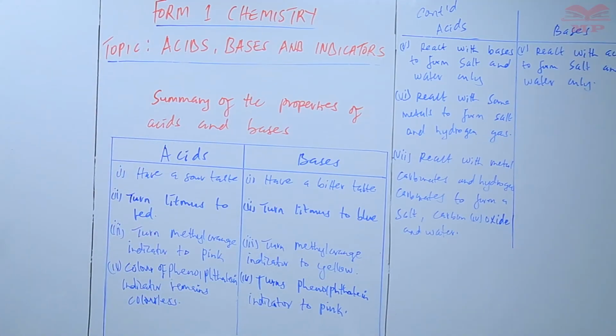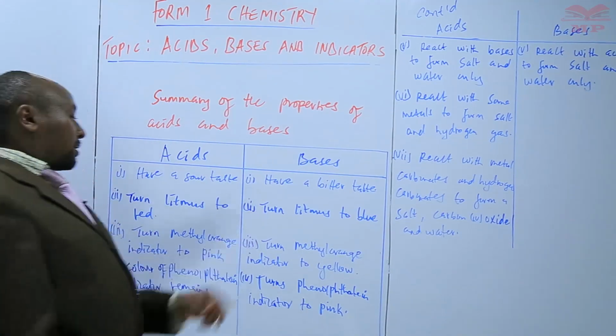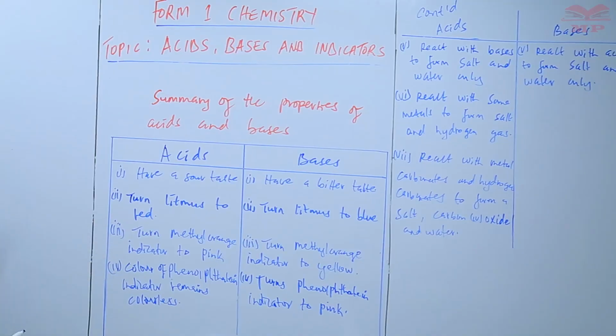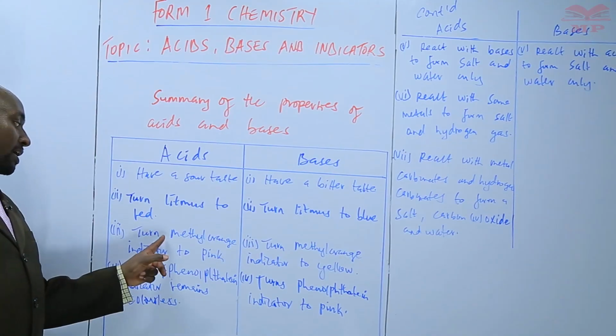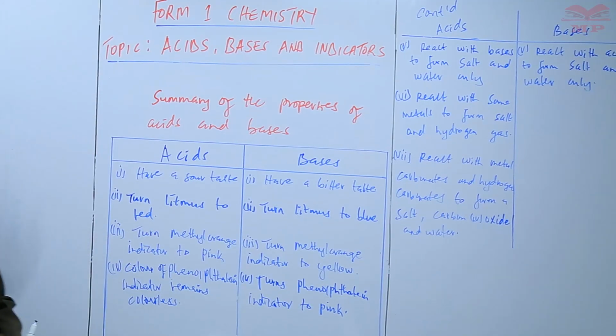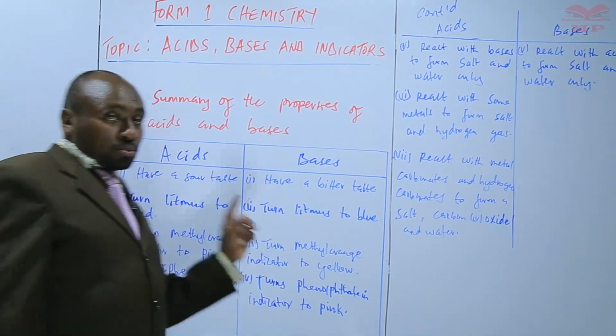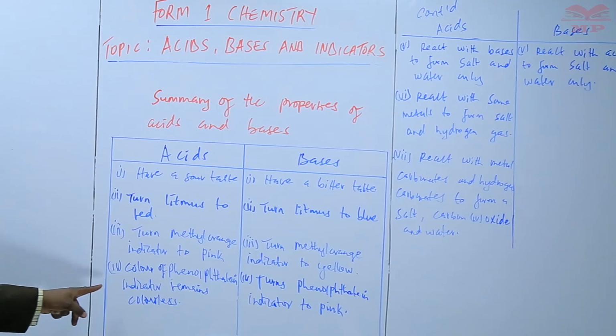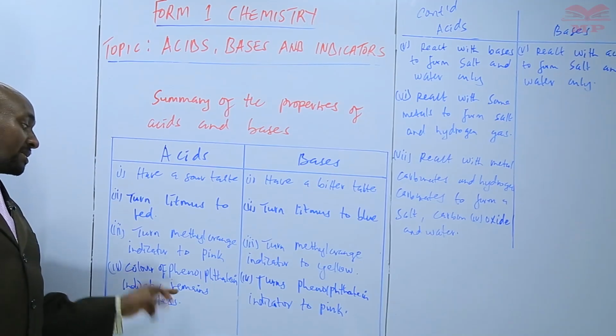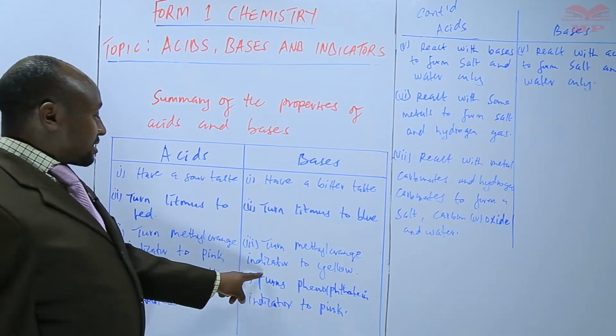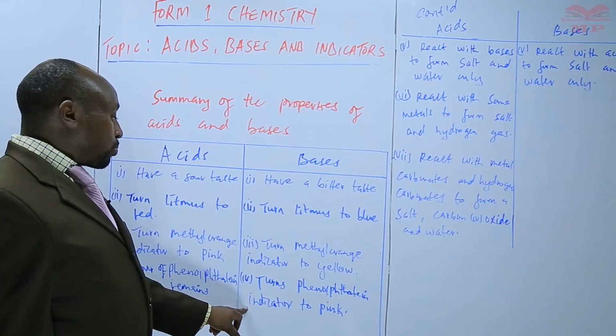Bases turn litmus to blue. And then number 3, methyl orange indicator. In acids, it turns to pink, while in bases, it turns to yellow. Phenolphthalein remains colorless in acids. In bases, it turns from colorless to pink.